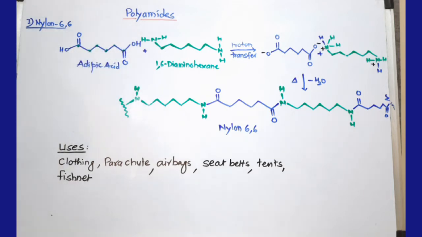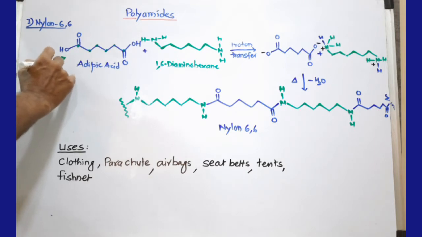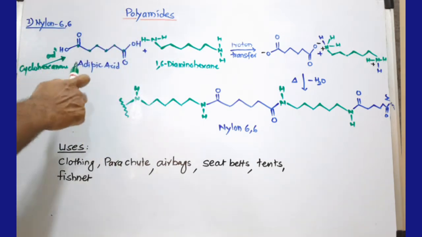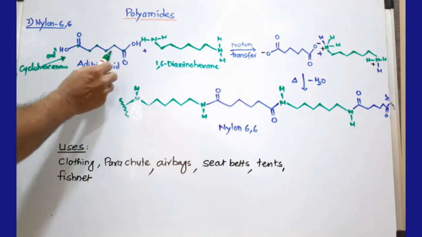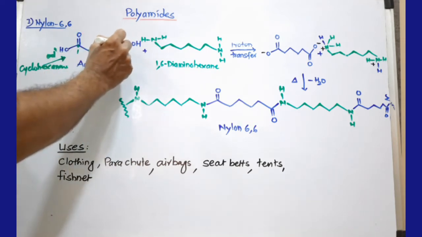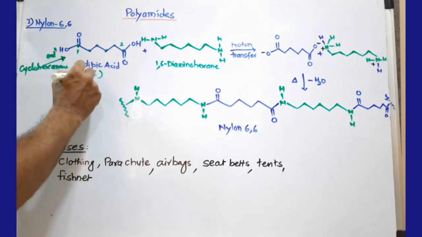In fact, adipic acid is produced from the oxidation of cyclohexanone. You need not remember this; only remember that there are 6 carbons in this monomer, with carbon number 1 and carbon number 6 having COOH groups.